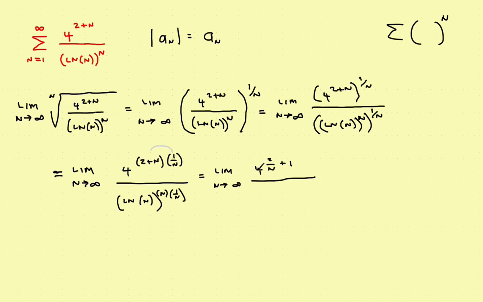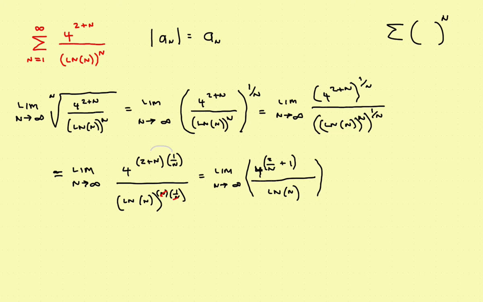So it's actually 4 raised to, and if you want to, you can put in parentheses, that power. Now, in the denominator, these n's cancel out and just leave you with this thing to the first power, which would be the natural log of n. So we can put parentheses around this entire thing. So now you're ready to take the limit of this thing.